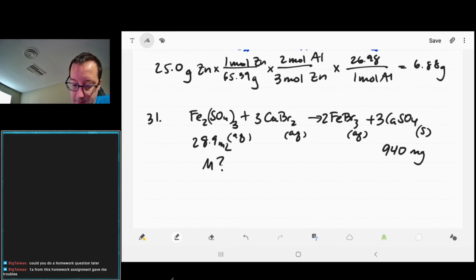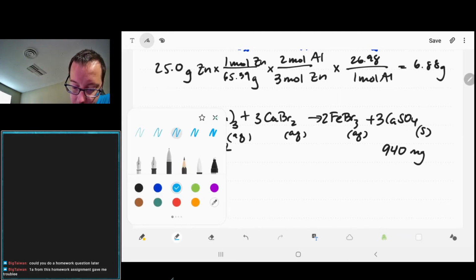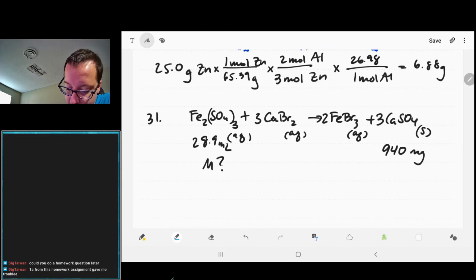So, alrighty. So if we want to look at this, we are going from moles of calcium sulfate to moles of, oh gosh, complicated formula compound.